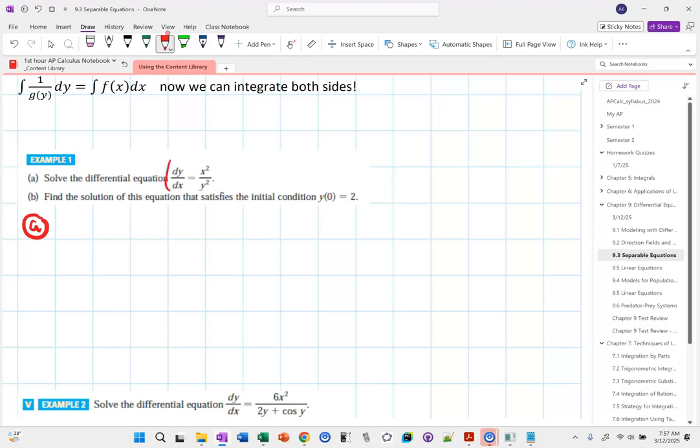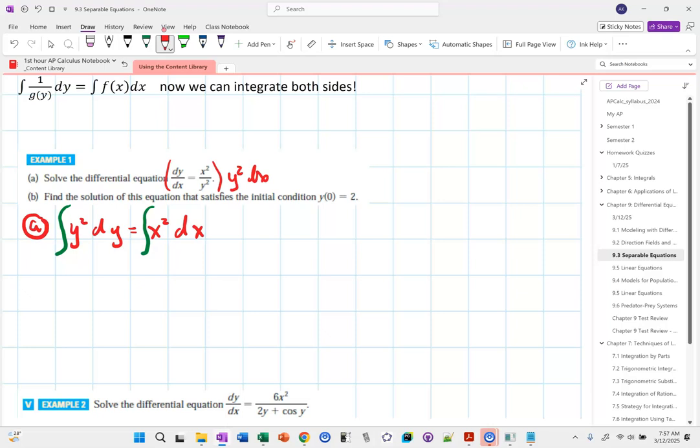Everybody's okay with that? So that's going to give me y squared dy equals x squared dx. Feel good? Now we can integrate both sides.